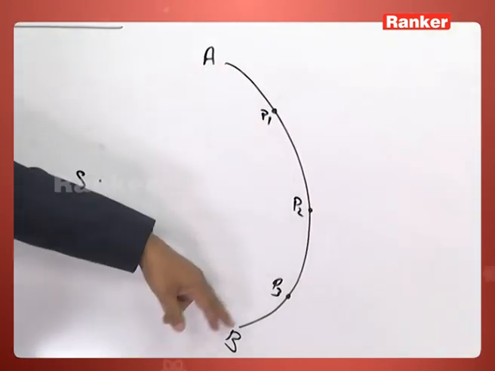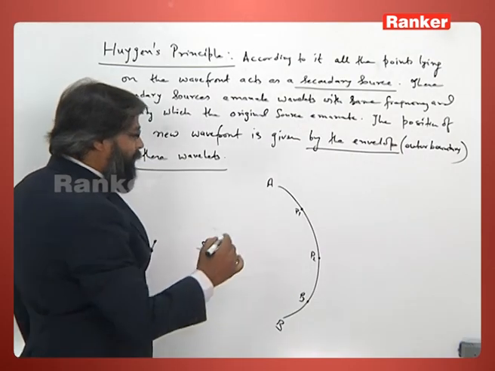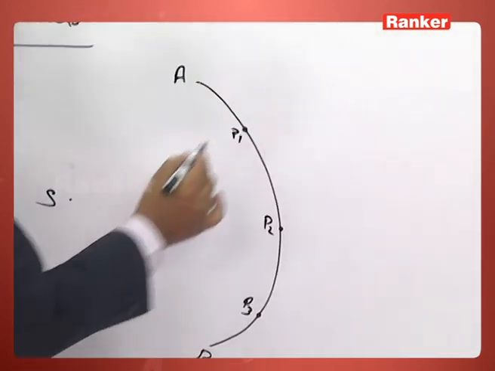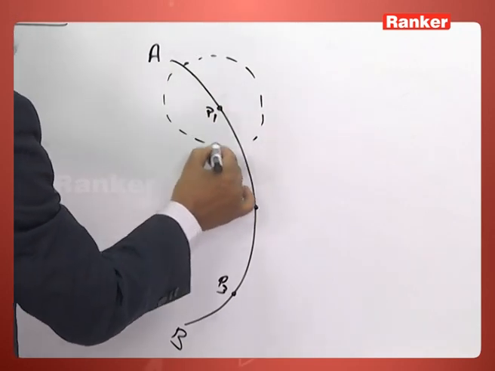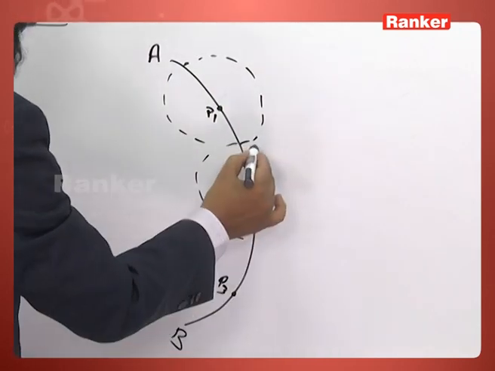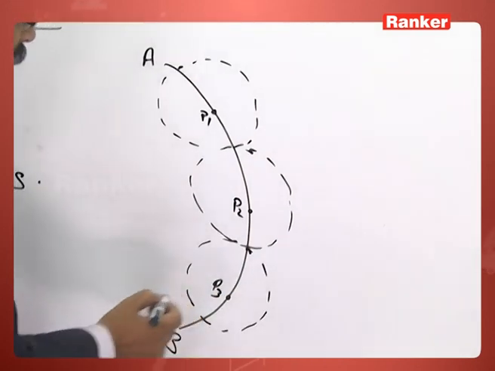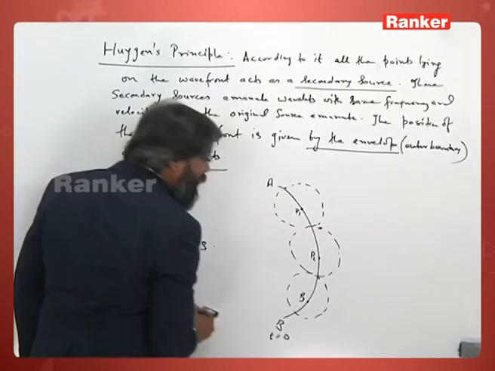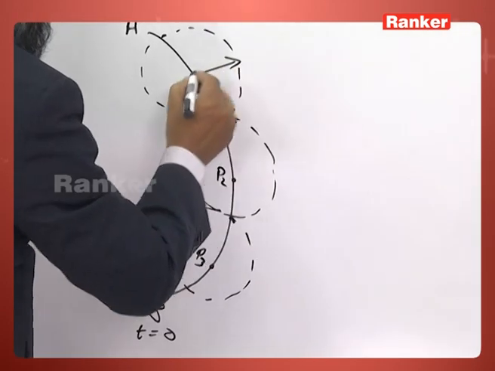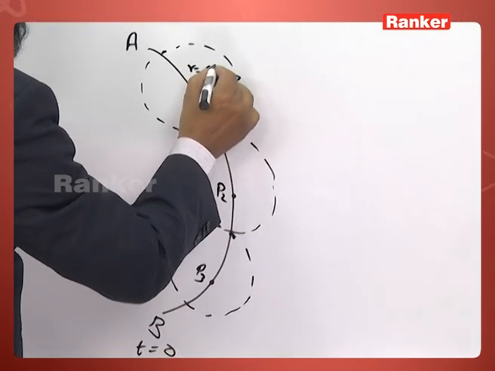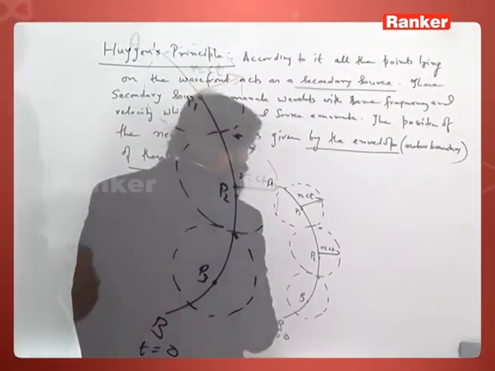So, all the points, there are infinite points here, act as secondary sources and wavelets emanate from it. Suppose this is at t equal to 0, and I want to know at time t the wavelets from here have grown to a radius of Ct. This radius is r equal to Ct.